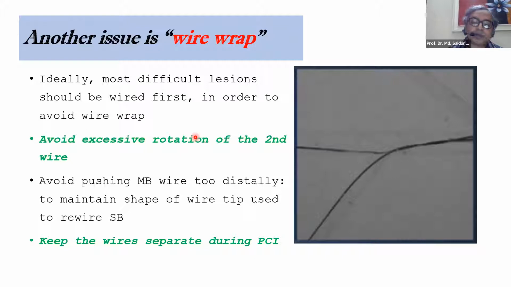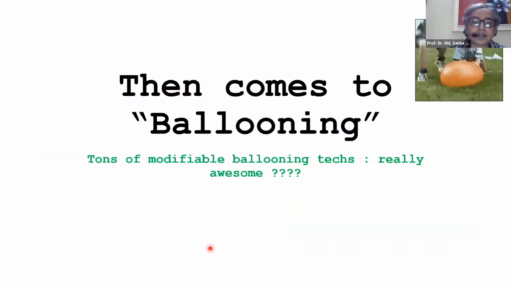So the wire wrap is one of the things doing this trouble. So excessive rotation of the second wire is better to avoid, and always keep the wires separate during PCI.